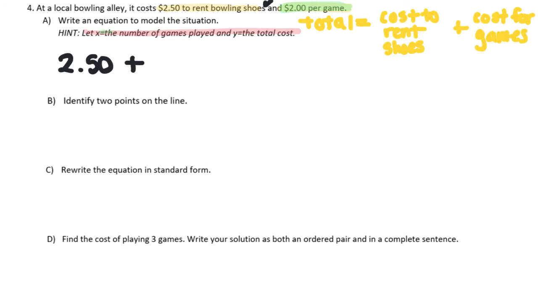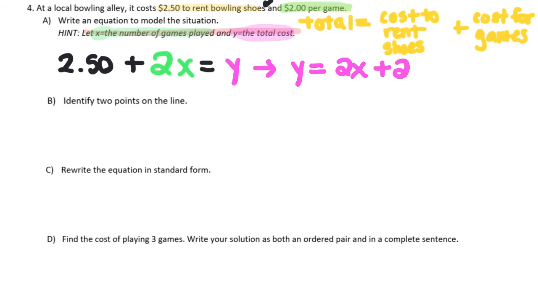So I'm going to use the $2 with that variable x representing the number of games. So 2x equals the total, which is going to be a variable, and the total is represented by y. So it would equal y. If we wanted to rewrite this into the formal y equals mx plus b like we're used to, make it y equals 2x plus 2.50.